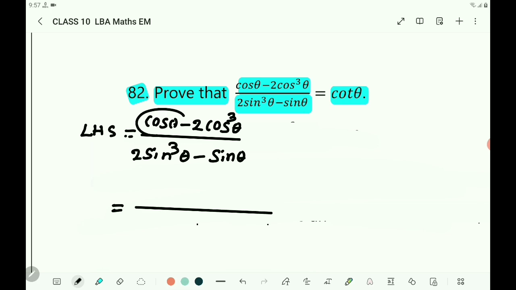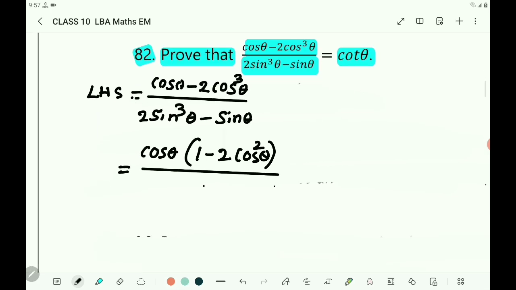here cos theta is there, 2 cos cube theta is there, you can remove cos theta common, write it outside. In the bracket, here what is remaining? Cos theta is outside, so 1 is remaining, minus here 2 cos cube theta is here. What is remaining in the bracket? As cos theta is outside, you know that cos theta into cos square theta is cos cube theta.